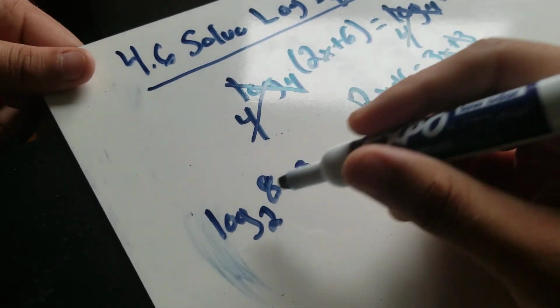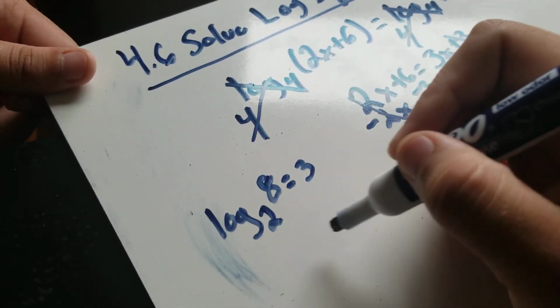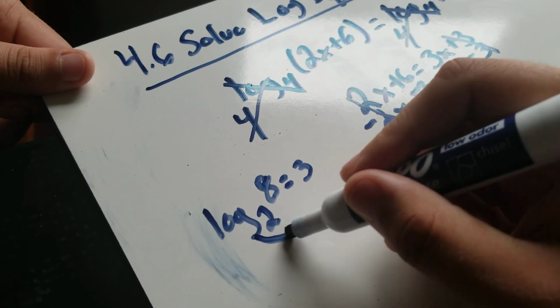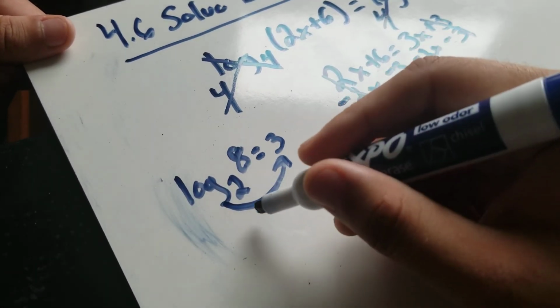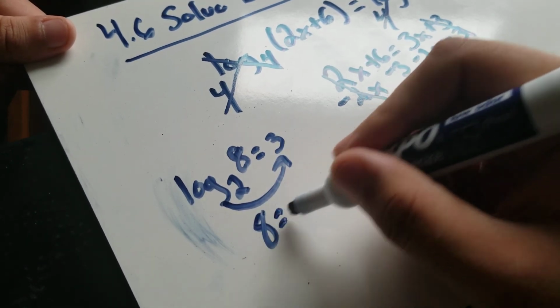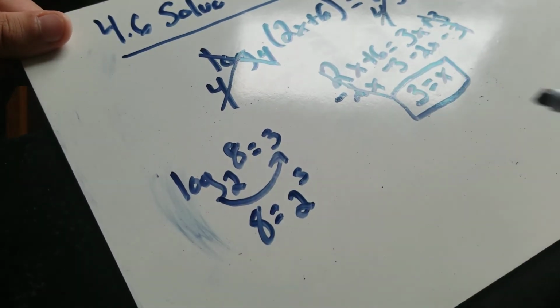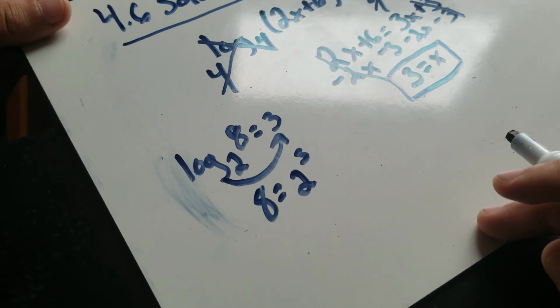Now remember, if I wanted to rewrite it in exponential form, I take the base of the log and slip it over, and it becomes the base of the exponent. So it's 8 equals 2 to the third power. And yeah, that checks out.